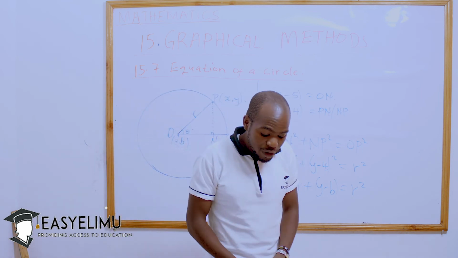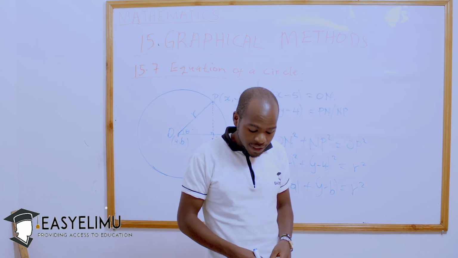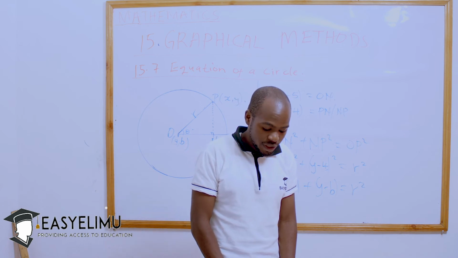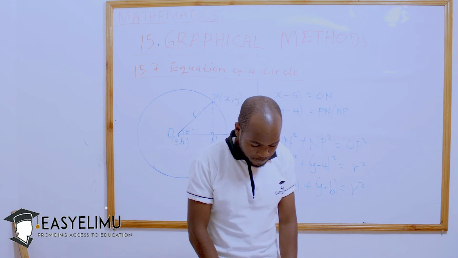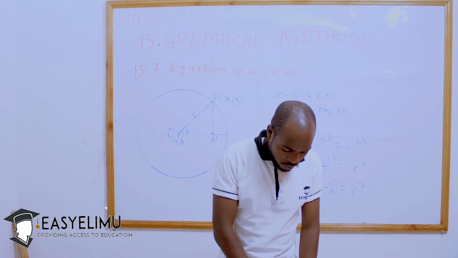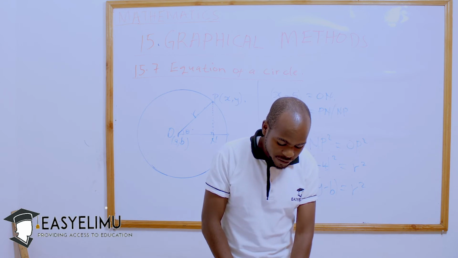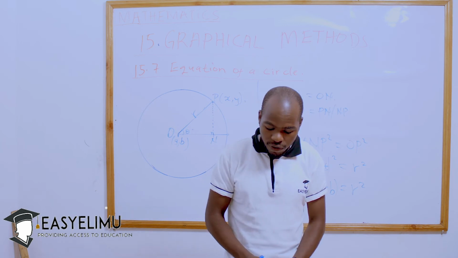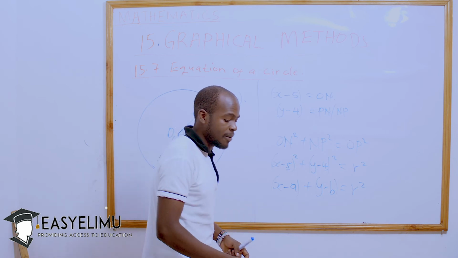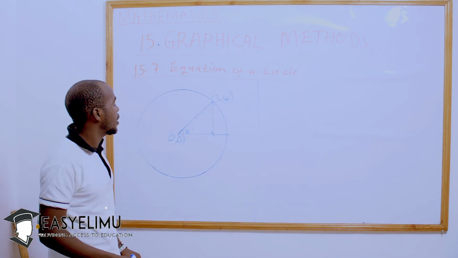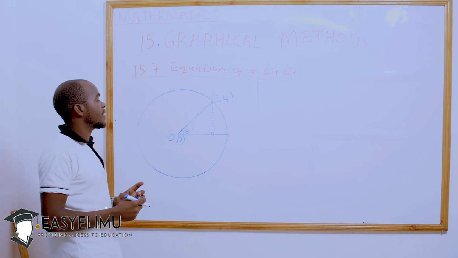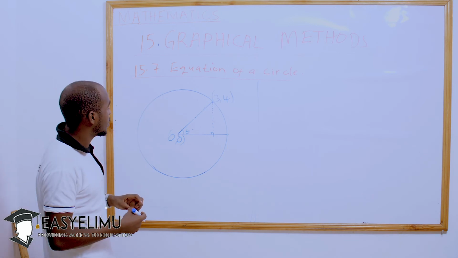Now let's see some examples and how we can find the equation of a circle from some problems involving equations of a circle. We have been told: find the equation of a circle passing through the point 3, 4 and having center 0, 0. Here we need to find the radius, and after finding the radius we find the equation of that circle.